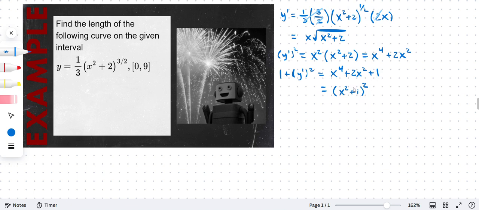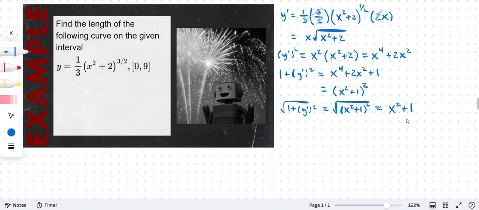So that's our 1 plus y prime squared. And then if we take the square root of 1 plus y prime squared, we get the square root of x squared plus 1 squared, which is just going to be x squared plus 1.